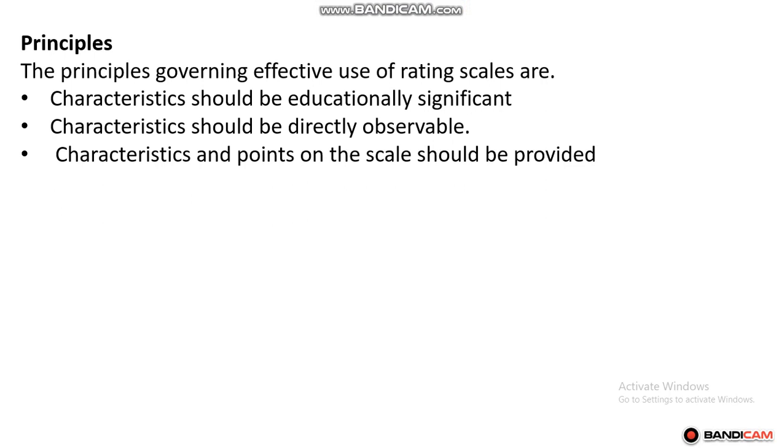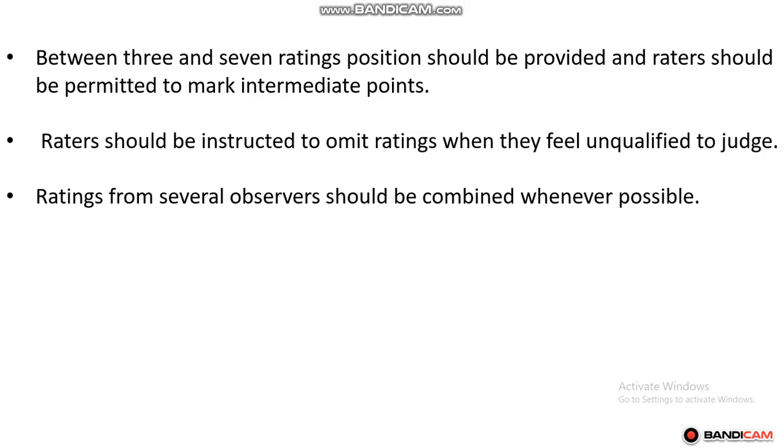Characteristics should be directly observable. So whichever questions we are setting, it must be something that can be evaluated with the help of this rating scale. Such kind of characteristics only are supposed to be set in this rating scale. Characteristics and points on the scale should be provided. So once we are putting the characteristics or a question, we also must put the scale, and rating must be given to the scale also.